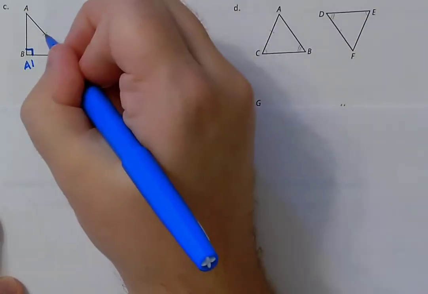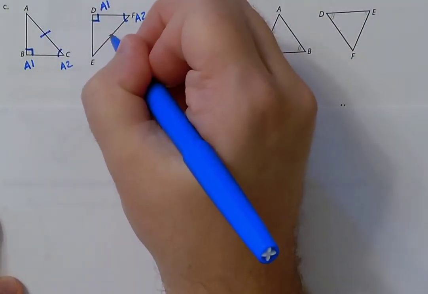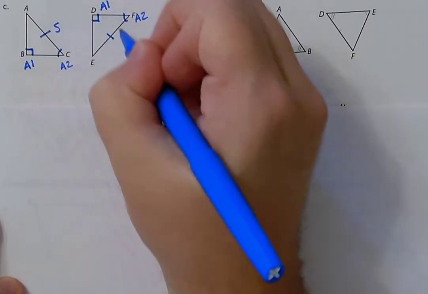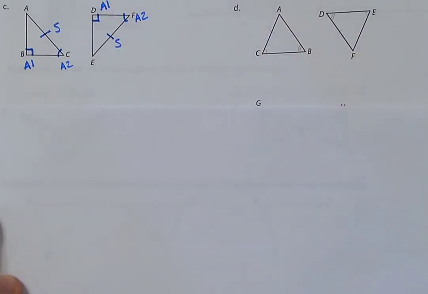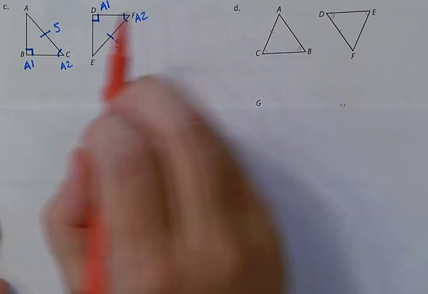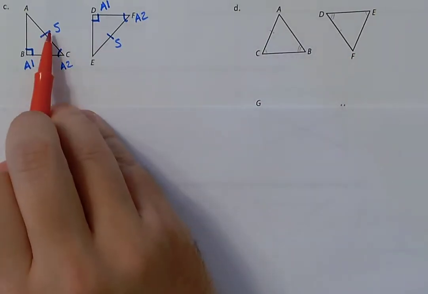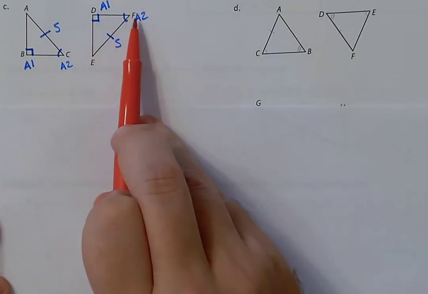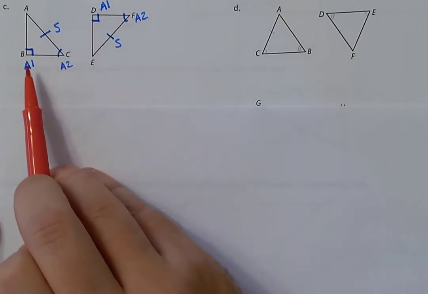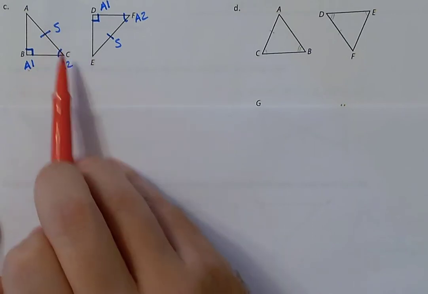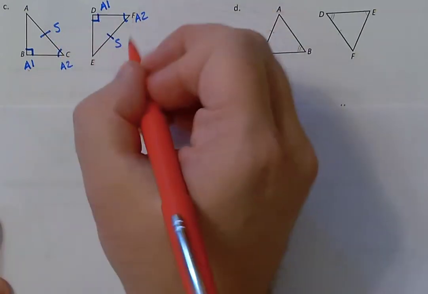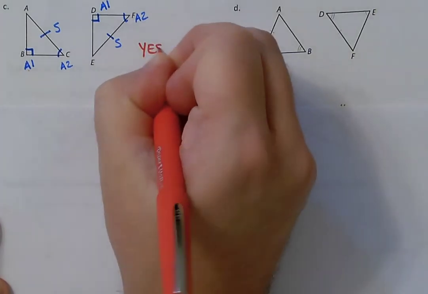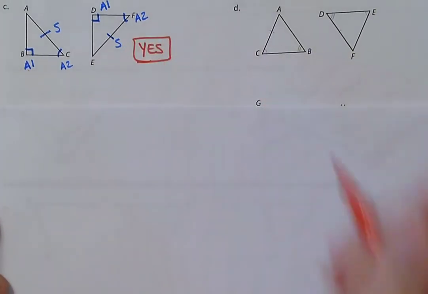And then they tell me that the side AC, through one tick mark, is congruent to the side EF. So, can I say that these two triangles are congruent based off AAS, or angle, angle, side? Well, this goes angle 1, angle 2, side. This one goes angle 1, angle 2, side. So it would be AAS because it goes 1, 2, side, 1, 2, side. So I can say yes, that they are congruent based off angle, angle, side.